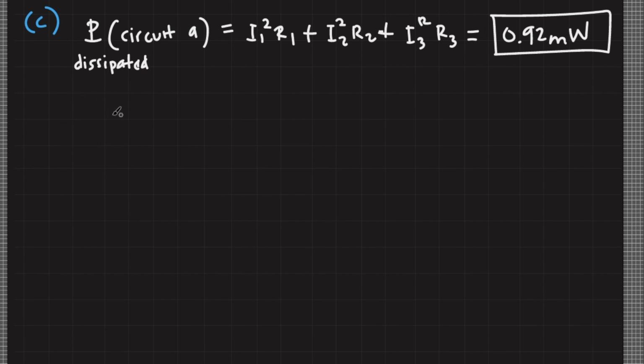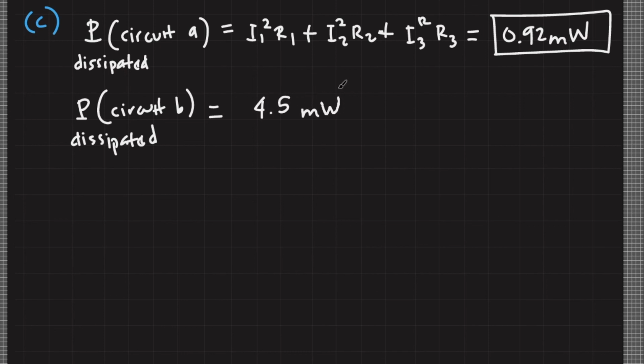For circuit B, this is equal to 4.5 milliwatt.